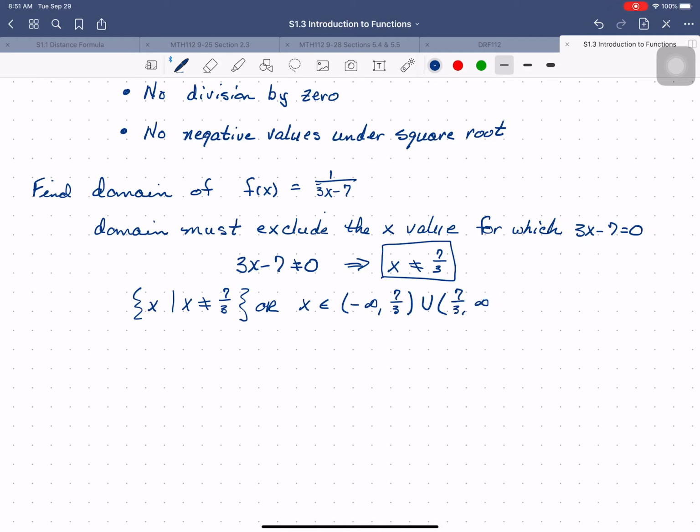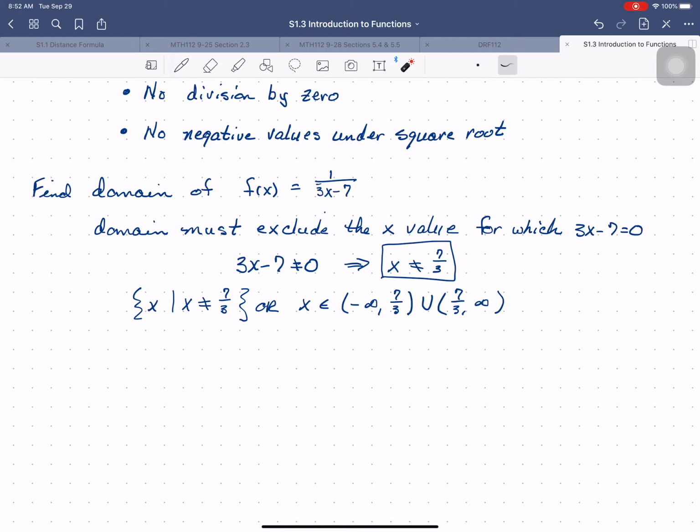So this is the set of all real numbers, not including the value 7/3. If you're asked for the value which must be excluded from the domain, that value is 7/3. If you're asked to state the domain, then you would be doing one of these two things, depending on what is asked for. If you're asked for interval notation, it's this.